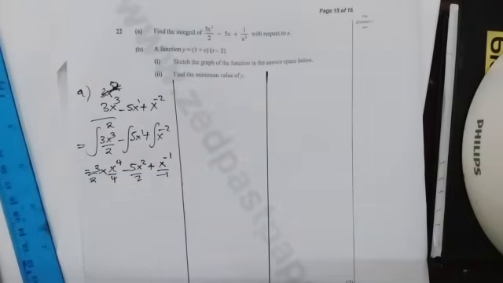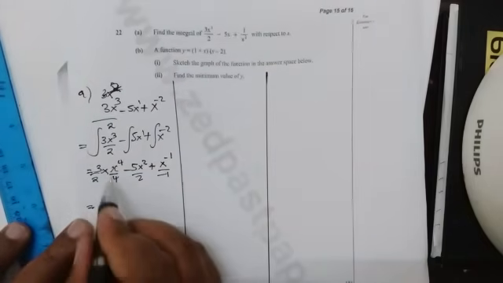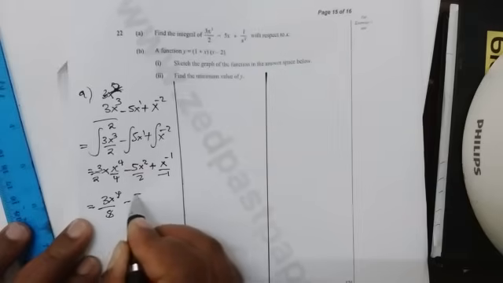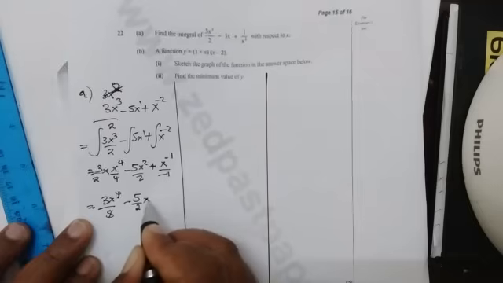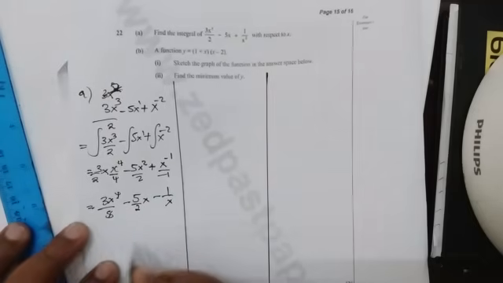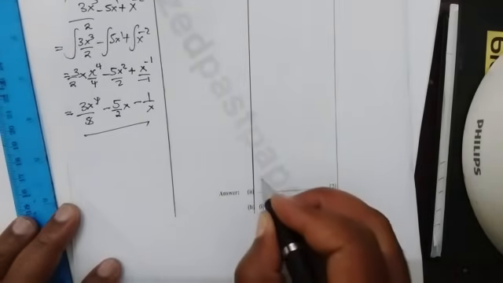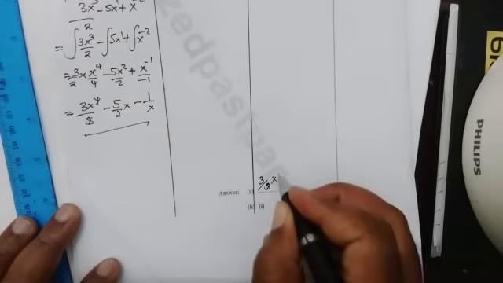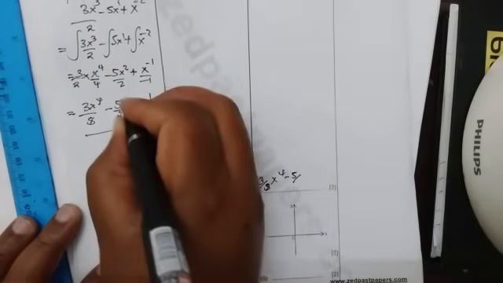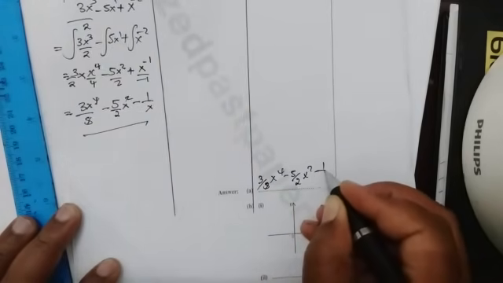Alright? So now this will be equal to 3x to the power 4 over 8 minus 5 over 2x, minus 1 over x. This is the answer here. So you come and write it: this is 3 over 8 x to the power 4 minus 5 over 2x squared, take note this is power 2, minus 1 over x.